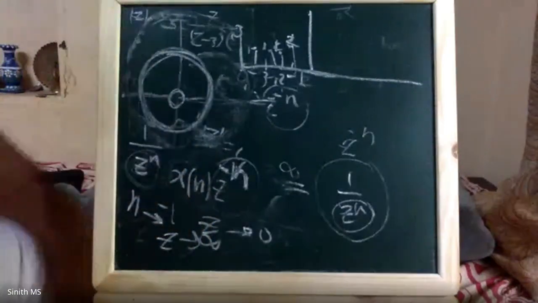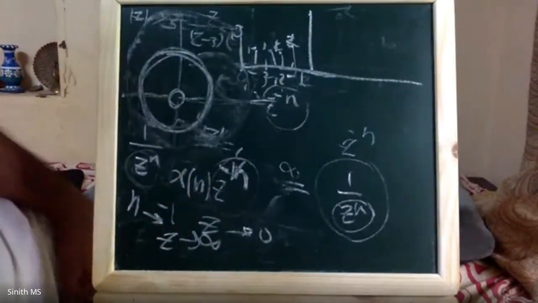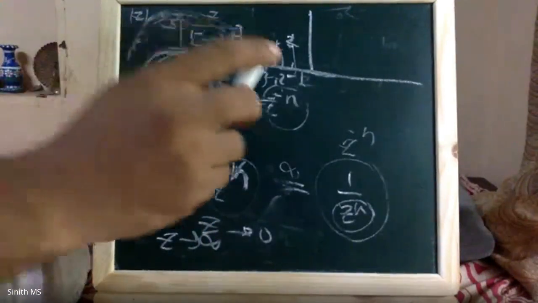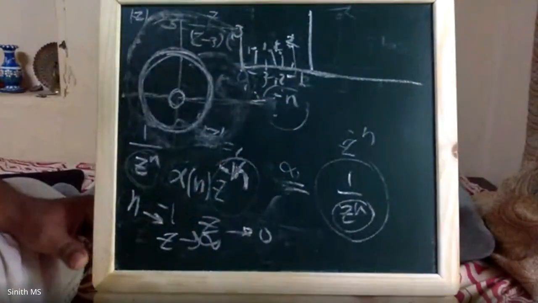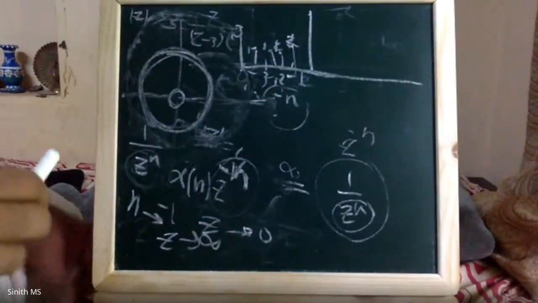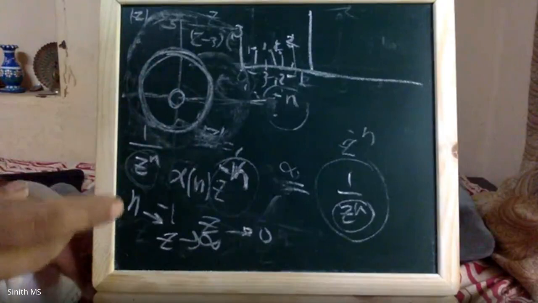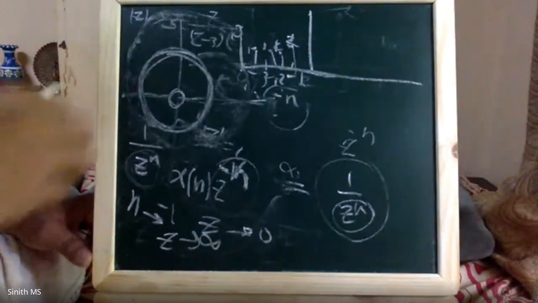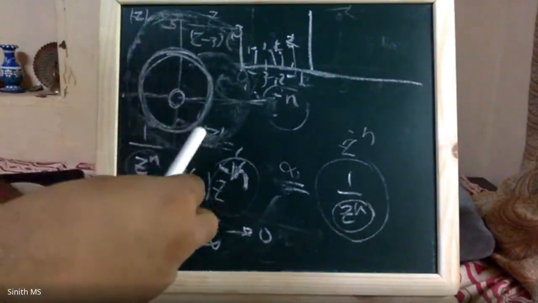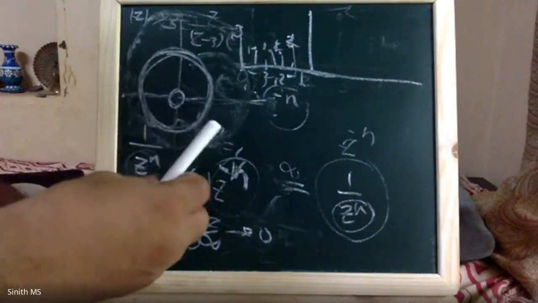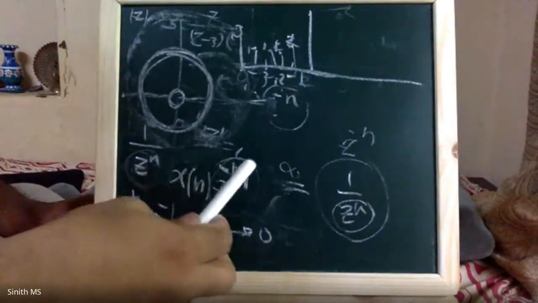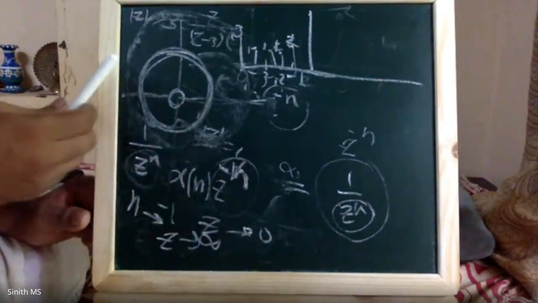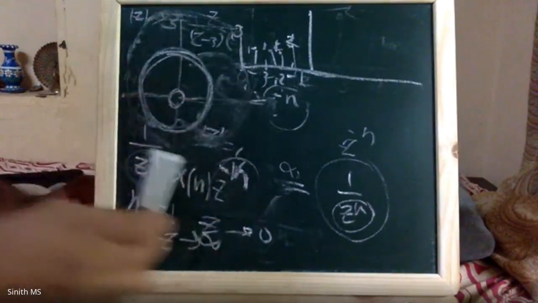So what do you understand from this? The reverse thing happens here: for z tending to 0 it will converge, while for z tending to infinity it won't converge.